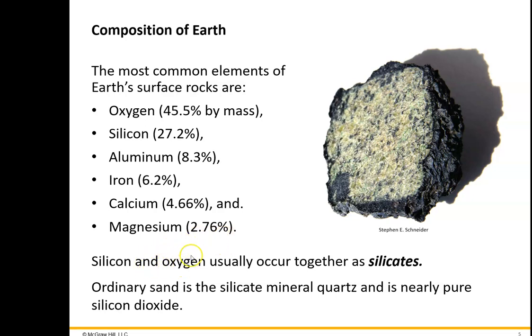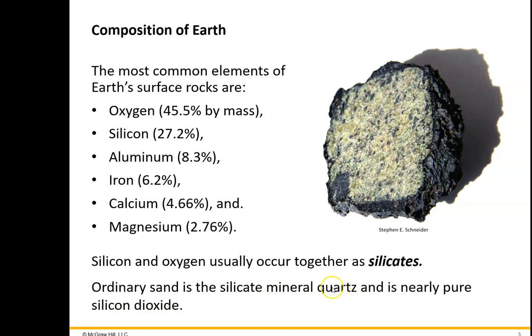All right. So these first two, oxygen and silicon, make up what are called silicates. And the most common silicate that we find on the Earth, of course, is sand, silicon dioxide. It's also known as the mineral quartz.